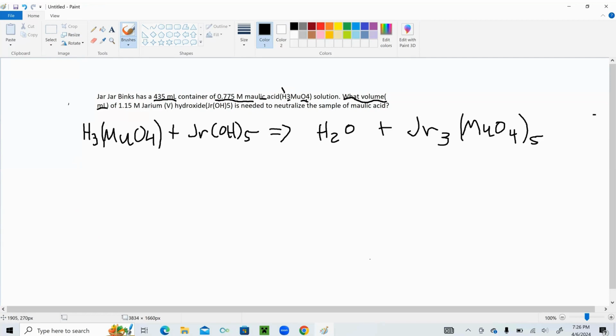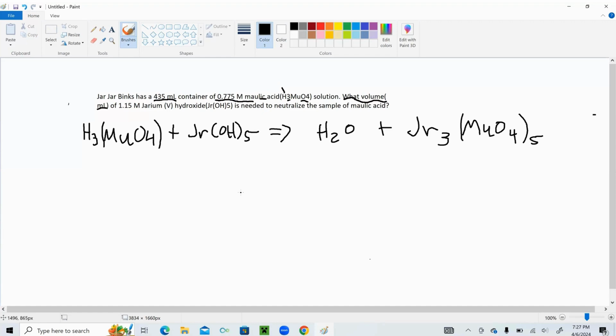That's why it's not hydro, it's malic. And this is ate, so it should be malate. You convert it to ic, so it's malic acid. But you should know how to name your acids as well, and how to properly write these chemical names.